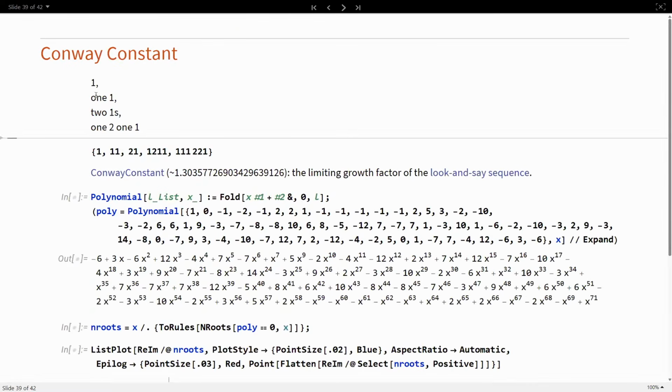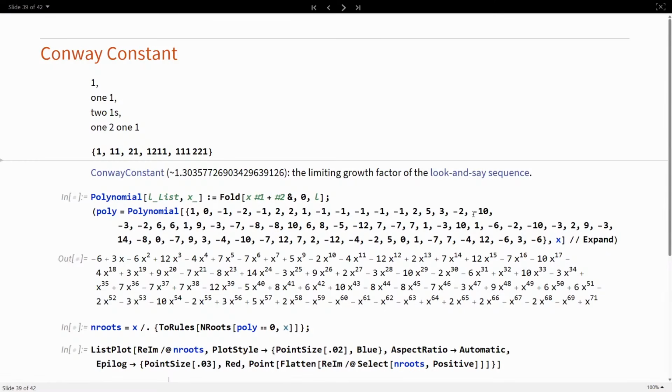The Conway constant: if you do 1, that can be said as 1, 1, and then the next term here can be expressed as 2 1s, and then the next one has 1, 2, and 1, 1, and so on. This is called the look and say sequence.